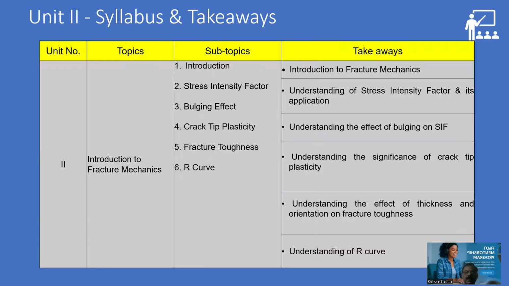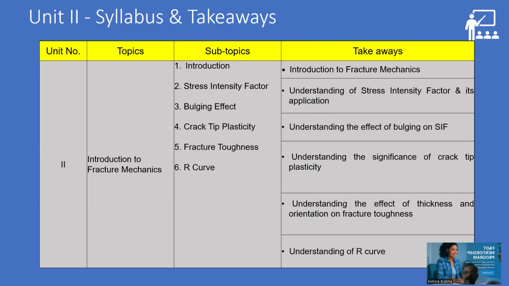The takeaways for Unit 2, which is Introduction to Fracture Mechanics. As a part of the introduction, the overview of fracture mechanics will be given. It will also characterize a new parameter, the stress intensity factor, to describe the stress distribution at the crack tip and its application.